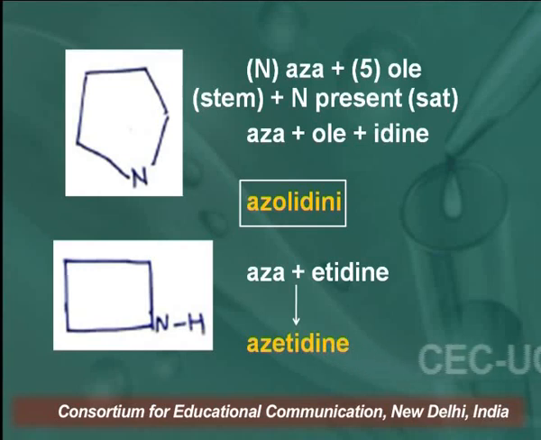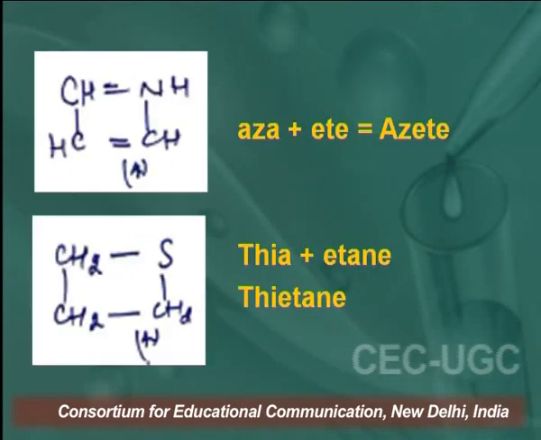So here aza plus ol plus idine, because it is a saturated ring with nitrogen present. Drop the vowel from aza, so azolidine. Next, a 4-membered ring is again azetidine, since nitrogen is present. These are some examples.